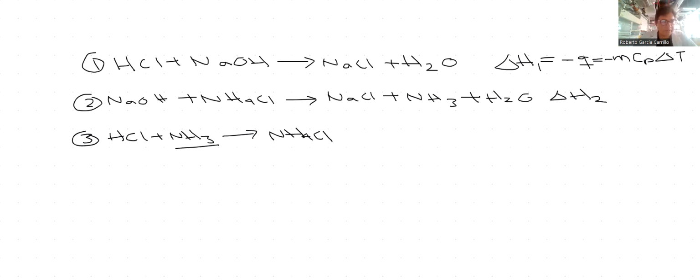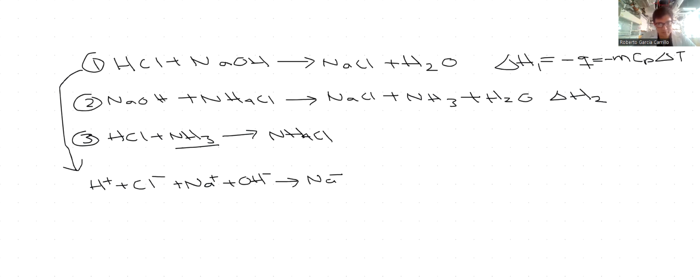So if we develop this equation into the total ionic equation, it would be H plus chloride ions, sodium plus hydroxide ions, and it produces sodium plus chloride plus H2O.